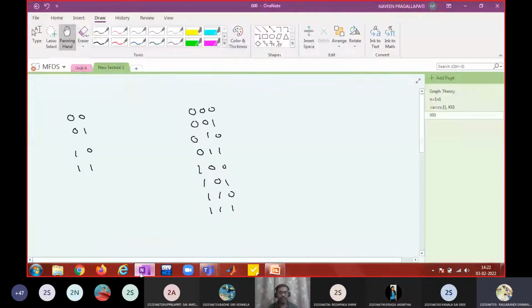How many changes are there? These two are the same, these two are the same. There is only one state change from 0 to 1. Therefore, you can give an edge from 000 to 010, an edge between these two vertices.